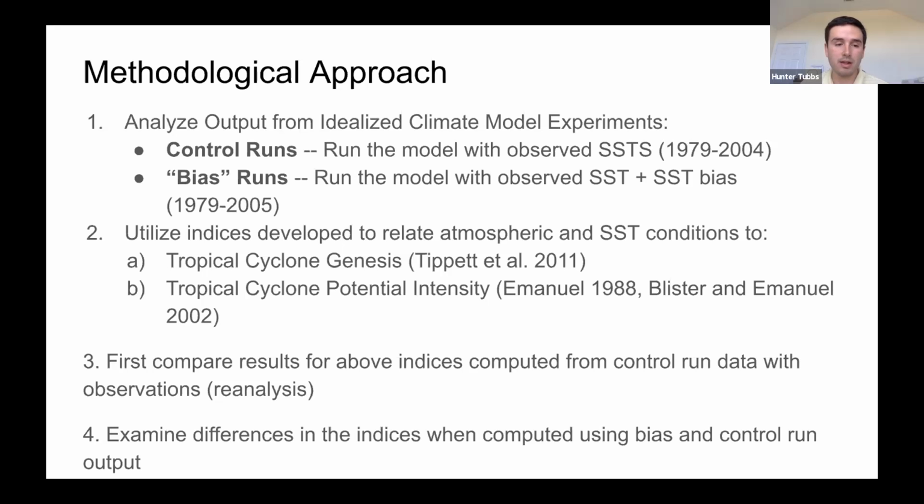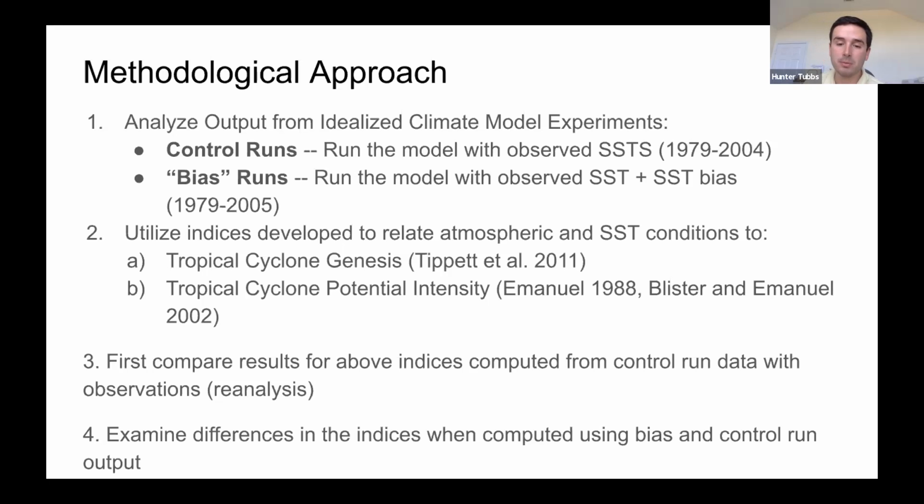Through that output, I then use MATLAB and other programming languages to compute tropical cyclone indices, which relate atmospheric and sea surface temperature conditions. The first of these indices is called the Tropical Cyclone Genesis Index, which is essentially the frequency or the likelihood of a tropical cyclone to form in a particular area for a given time.